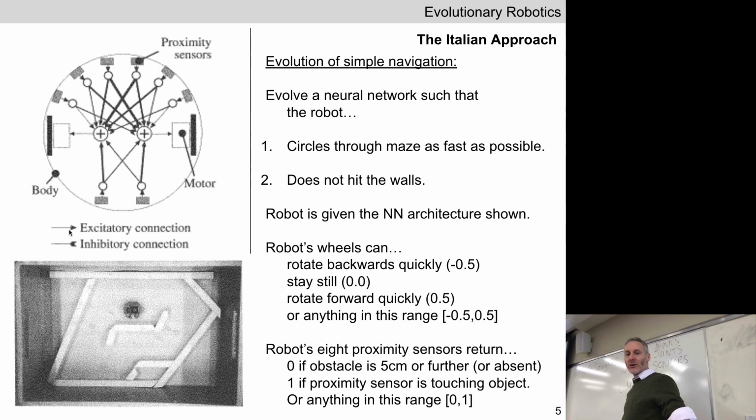These 2 different arrow types represent that some of these synapses have been set manually by the researchers to be either excitatory or inhibitory.